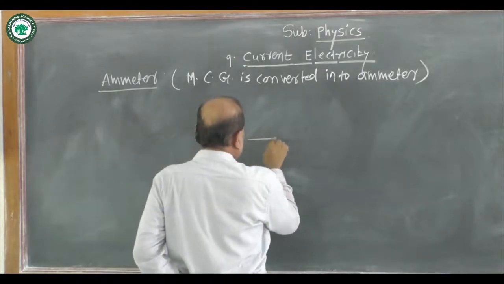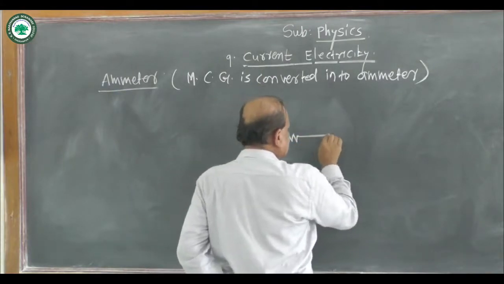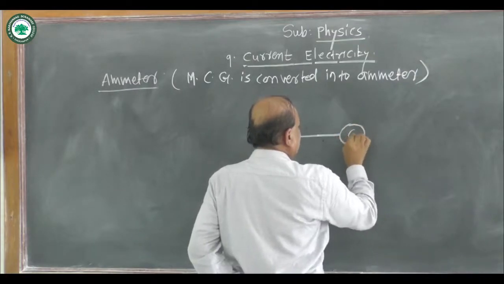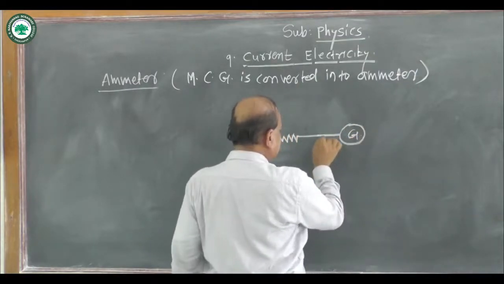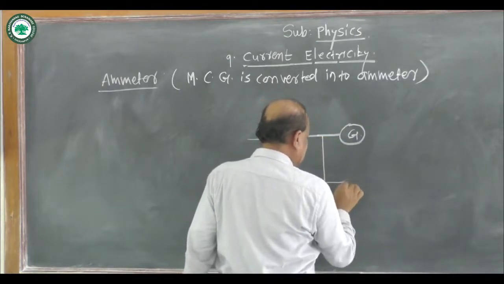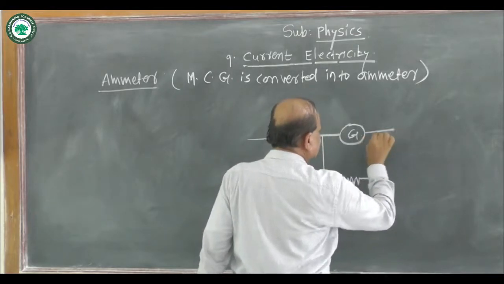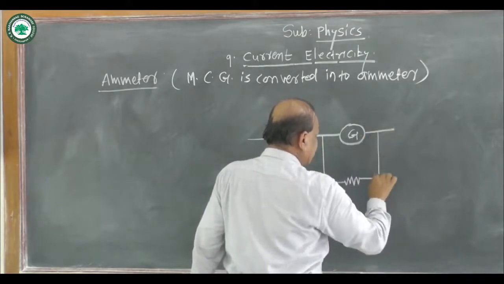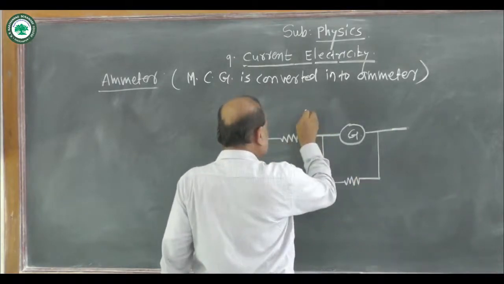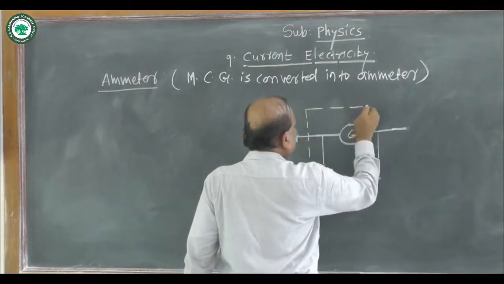Now this is the circuit resistance. Now here is the galvanometer of resistance G. Another shunt resistance having small value is connected parallel to this moving coil galvanometer, then it is converted into an ammeter.